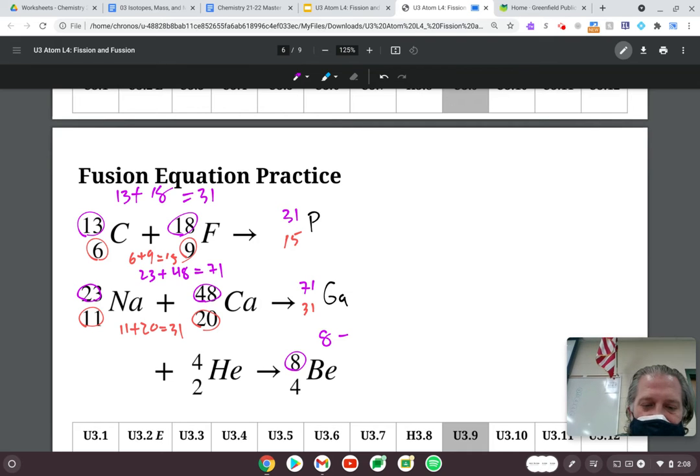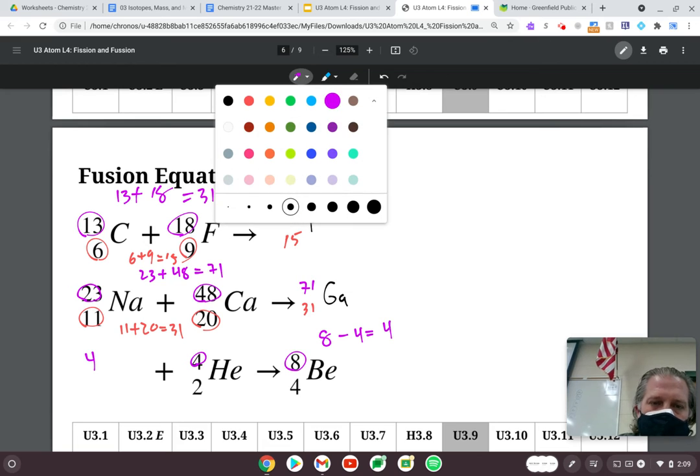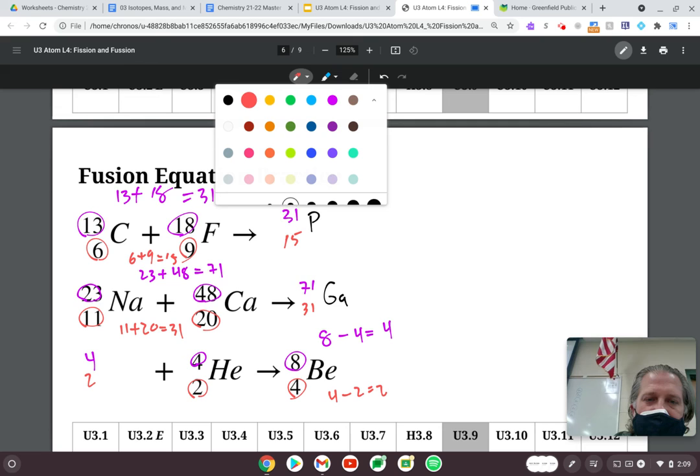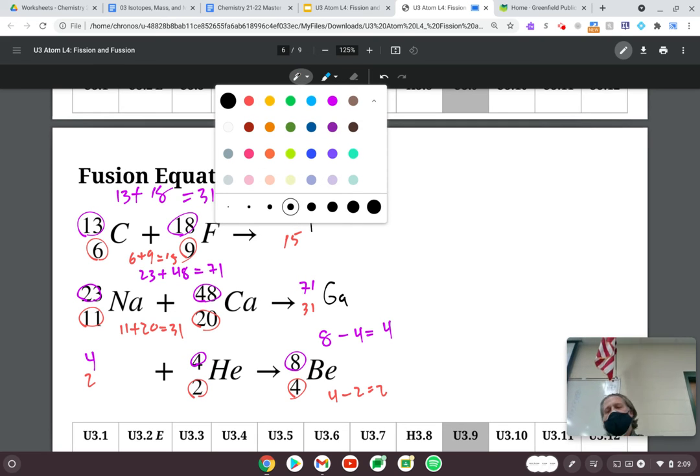And I already know that 4 is one of the reactants, so 8 minus 4 is 4. So that tells me I'm going to have a mass number of 4 over here. I see my atomic number is 4, so I'm going to do the same process, 4 minus 2, which gives me 2, so I'm going to put a 2 over here. And I'm going to go to the periodic table and locate element number 2, which happens to be helium.